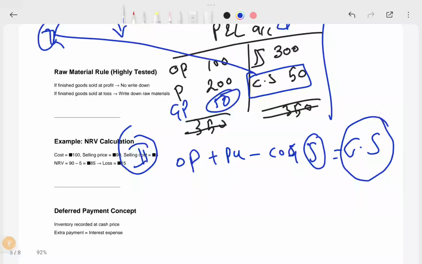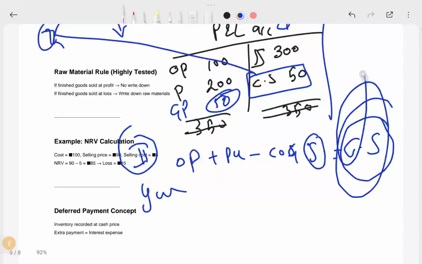This formula you calculate every year, so you are automatically arriving at your closing stock based on this. This closing stock of 50 is valued at cost.